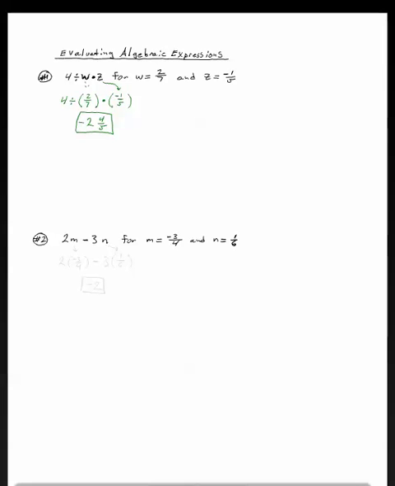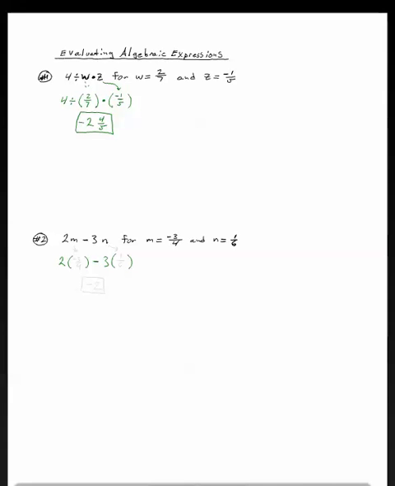In example 2, it says 2m minus 3n for m equals negative 3 over 4 and n equals 1 over 6. Now we have to remember this 2m really means 2 times m. So we write 2 and then a set of empty parentheses for our m, minus 3, and then a set of empty parentheses for our n.